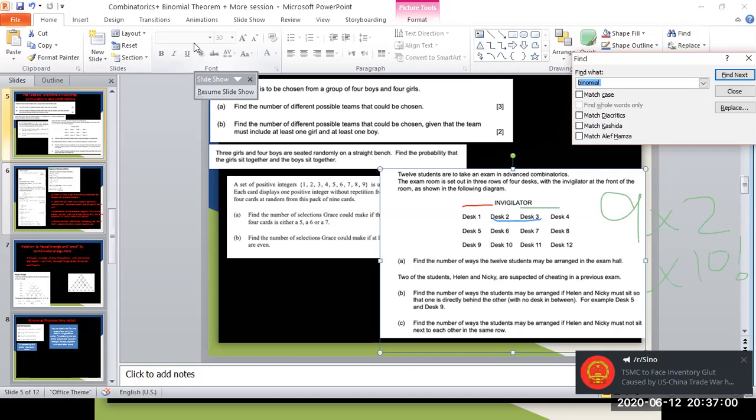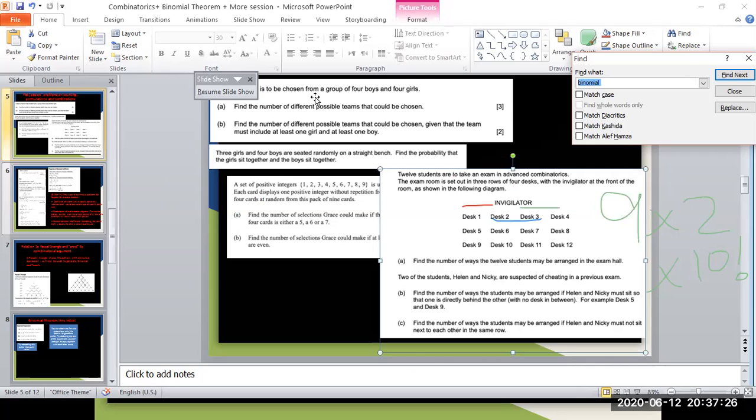Okay, yeah, I just missed the interchange. But if you do that, now that I think about it, it also includes when they're sitting in different rows.